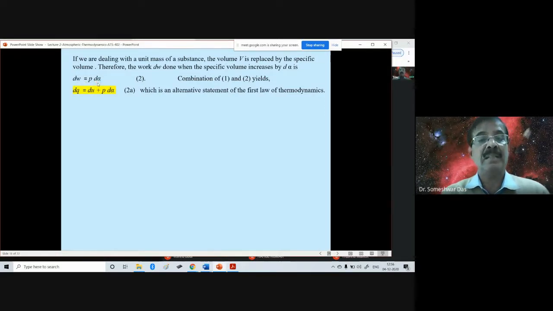We shall use different forms of the first law of thermodynamics for different purposes according to our requirement or convenience, both in this atmospheric physics subject and in the dynamics of the atmosphere. You will also study the first law of thermodynamics when you study the governing equations of the atmosphere.